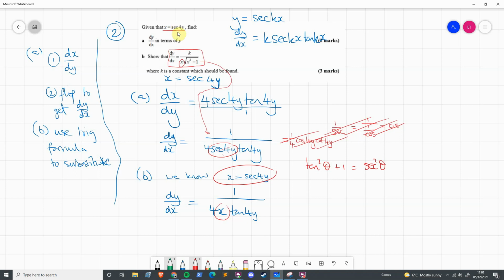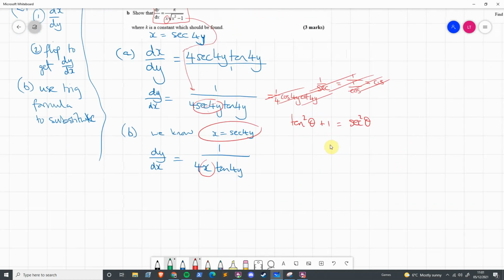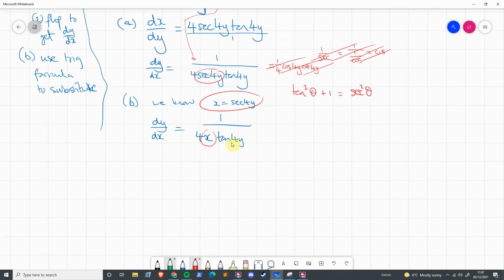We just know an x value for sec. So you want something that links sec with the thing that you've got in your dy by dx left. So if we want to be really explicit with it, we can say that, put the 4y in, theta just as a placeholder for anything that's the same thing. Take away the 1.